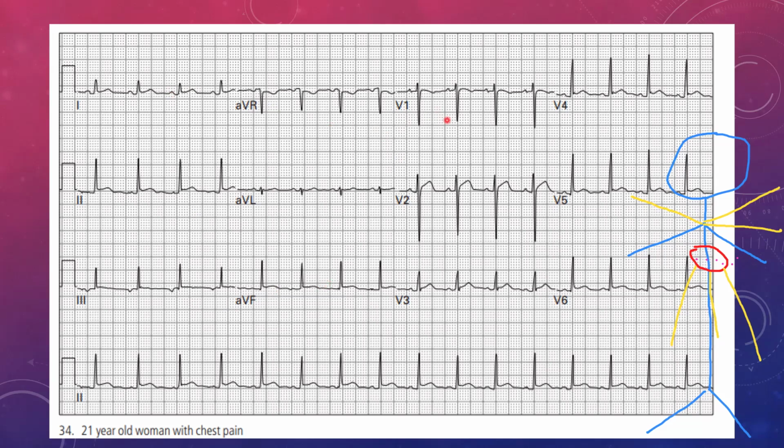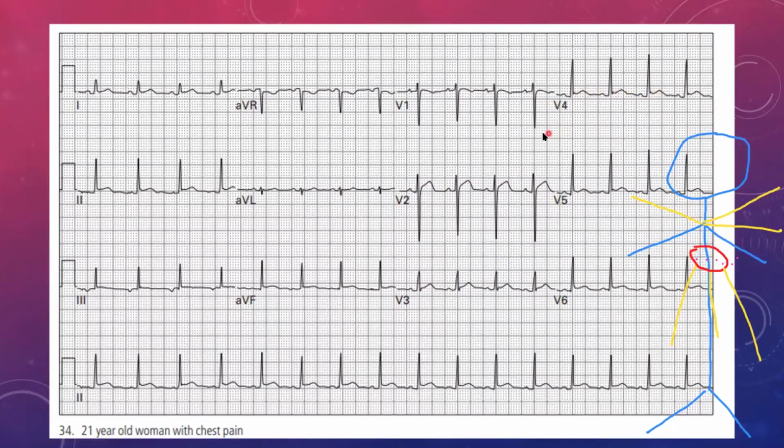Is this an infarction? So we go to leads V1 and V2. These are our chest leads that are looking at the septum. And what we notice in lead V2 is that we've got a bit of an ST elevation over there, not really in V1. If we come to leads V3 and V4, which are our anterior leads, we also notice slight ST elevations as well.